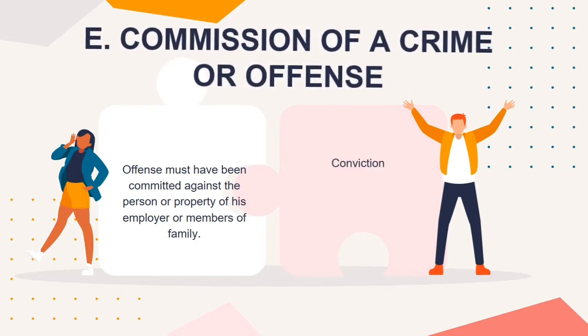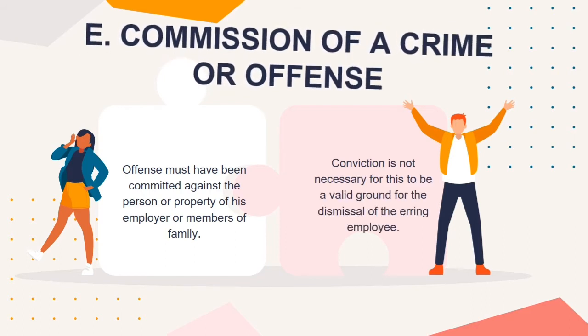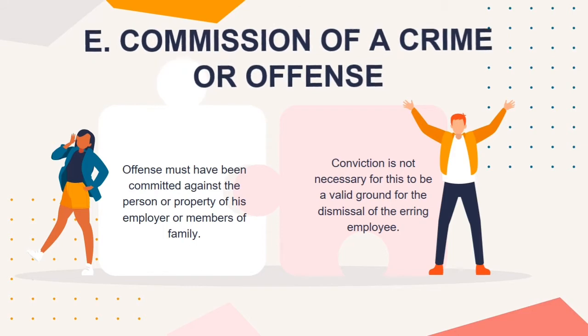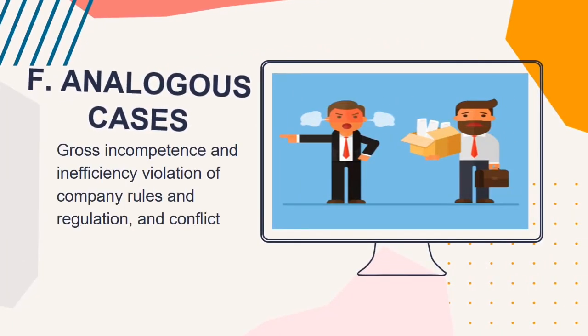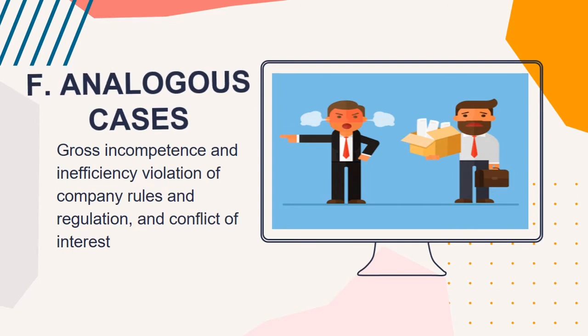And a conviction is not necessary for this to be a valid ground for the dismissal of the erring employee. Then an addition, class, are analogous cases, such as gross incompetence and inefficiency, violation of company rules and regulations, and conflict of interest.